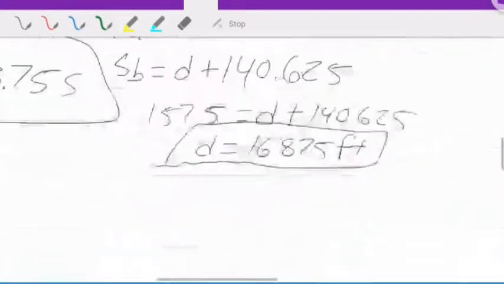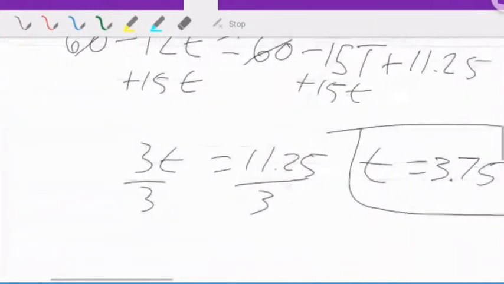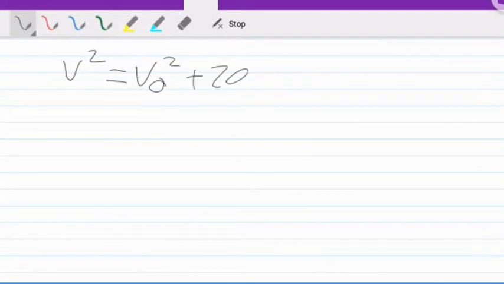Now we can do it another way, and that is by using another kinematic equation, which is v squared is equal to initial velocity squared plus 2 times the acceleration times the change in displacement, s minus s naught. So once again, we want to find out what the two velocities are whenever they do equal each other.